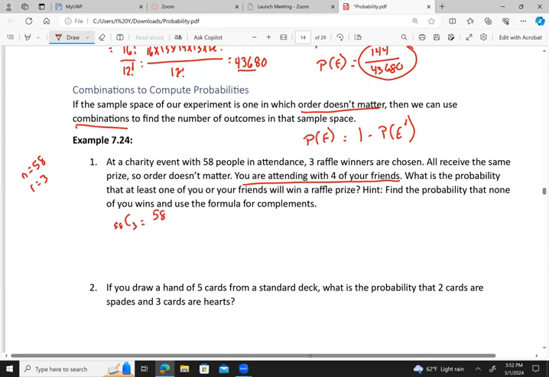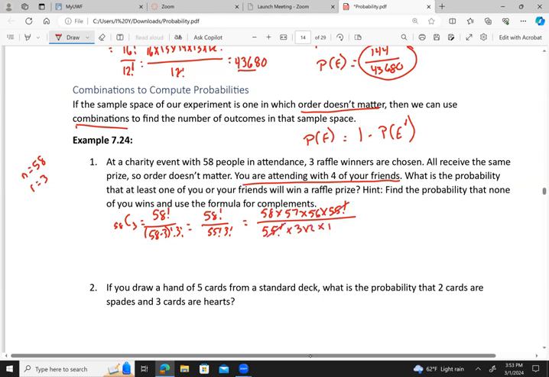which is 58 factorial over 58 minus 3 factorial, 3 factorial, gives me 58 factorial over 55 factorial, 3 factorial, which gives me 58 times 57 times 56 times 55 factorial over 55 factorial times 3 times 2 times 1.